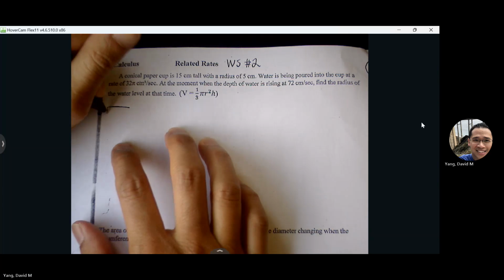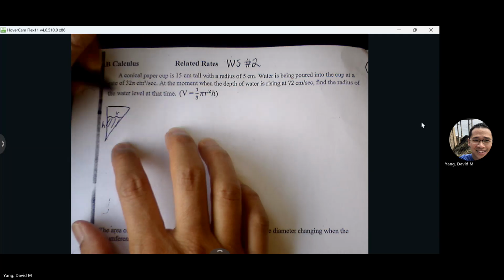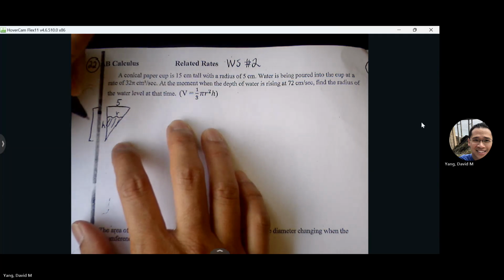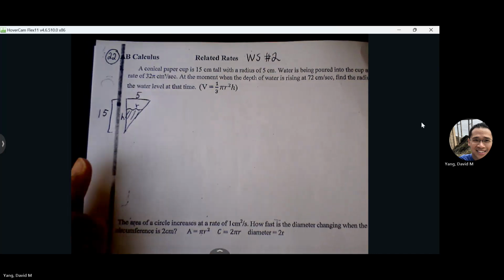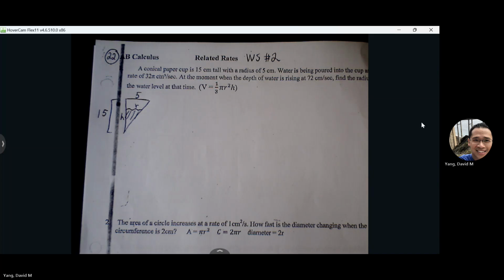All right, page 22. Back to a cone problem. Okay, does anybody still need the ladder problem?